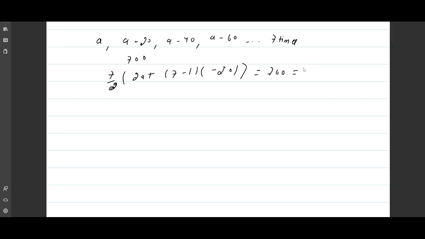So this gives a minus 60 is equal to 100, so a is equal to 160. The prizes are 160, 140, 120, 100, 80, 60 and 40.